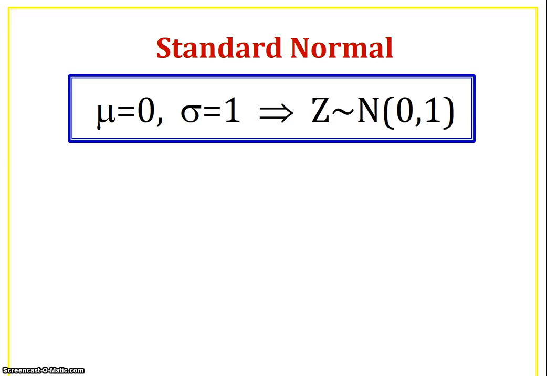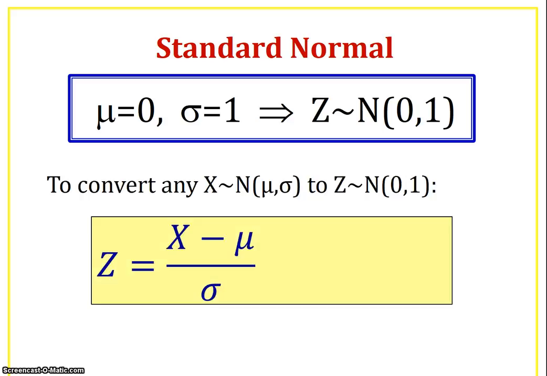It is also referred to as the z-distribution, because if we take any normal distribution with a mean mu and a standard deviation sigma, and we calculate the z-scores, so take our values, subtract the mean, and divide by the standard deviation, then those z-scores are always going to have a standard normal distribution.